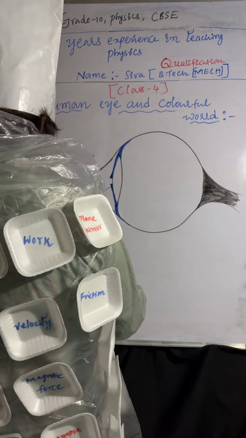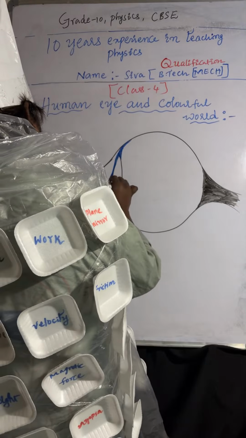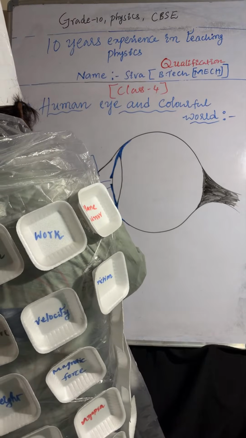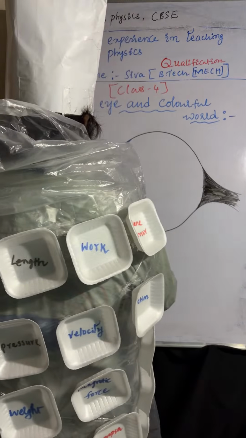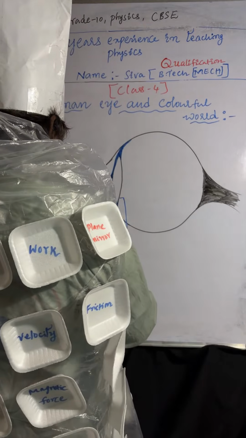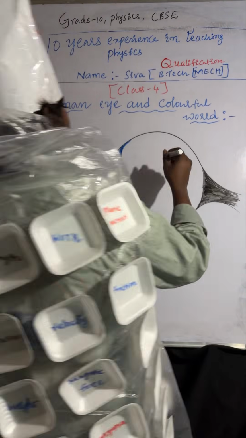Here it is the pupil, and this one is the eye lens, a crystalline lens.